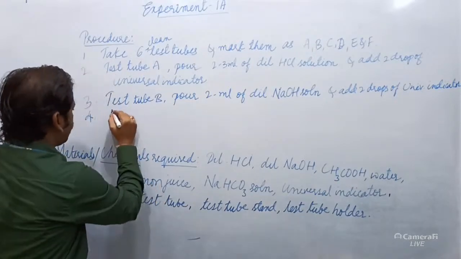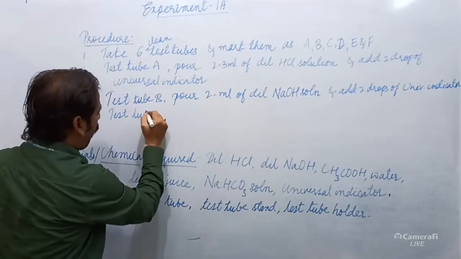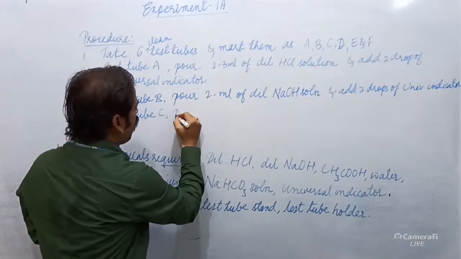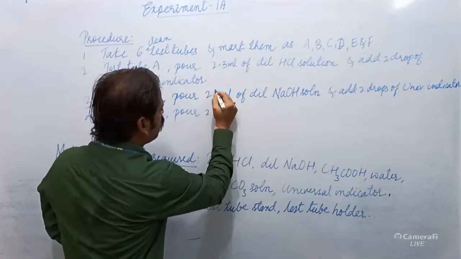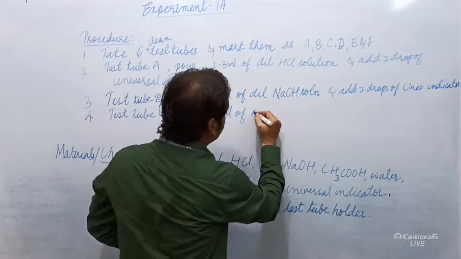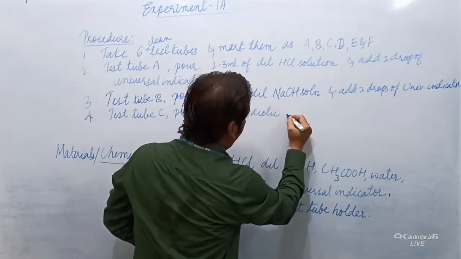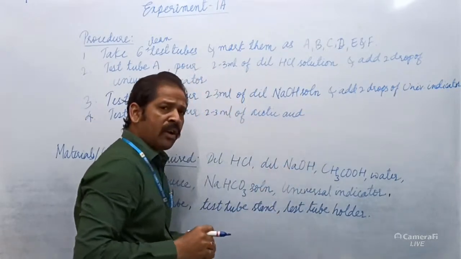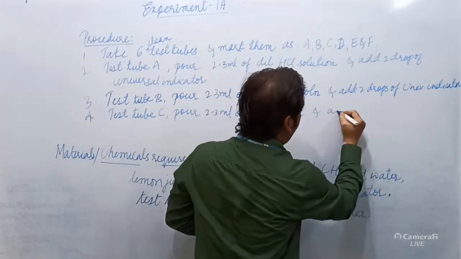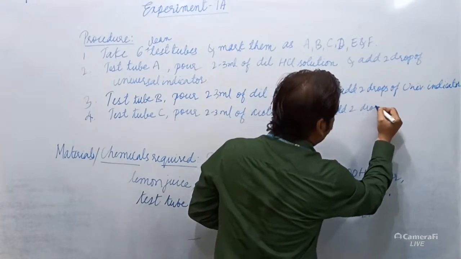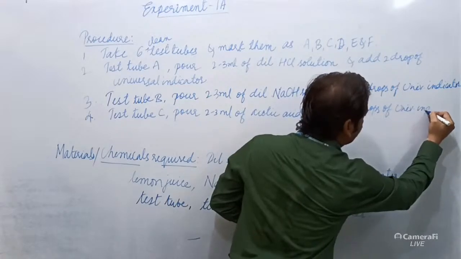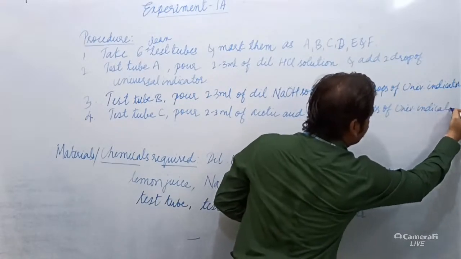Then take test tube C, pour 2 to 3 ml of acetic acid, or ethanoic acid, and add 2 drops of universal indicator.